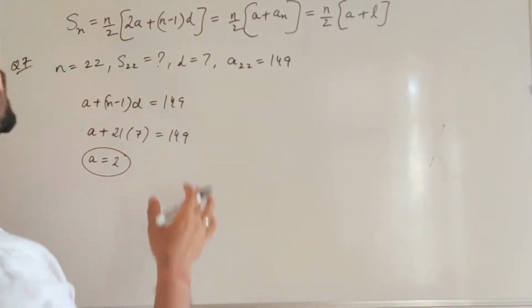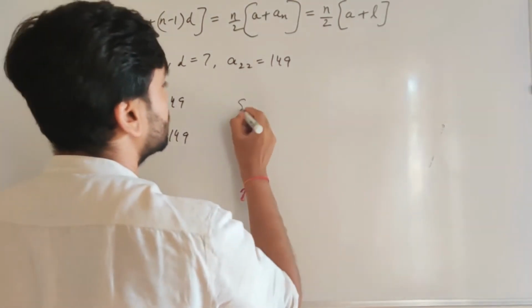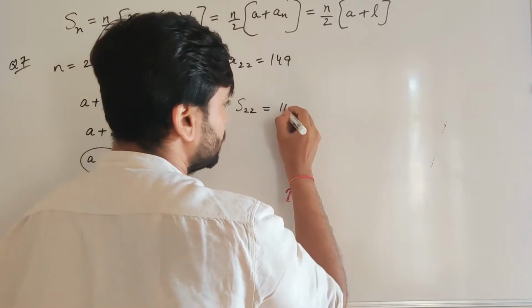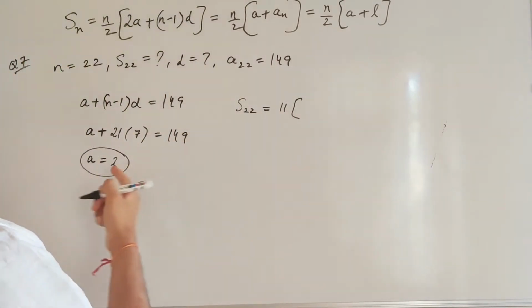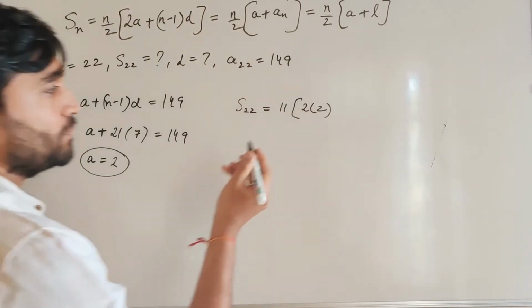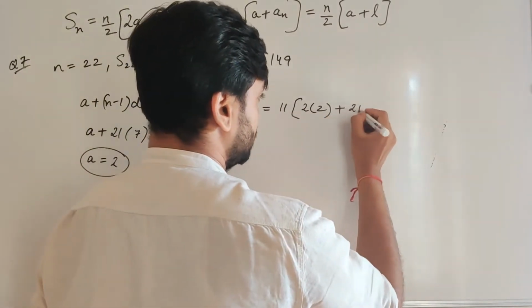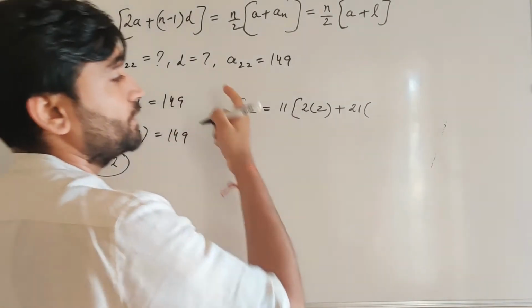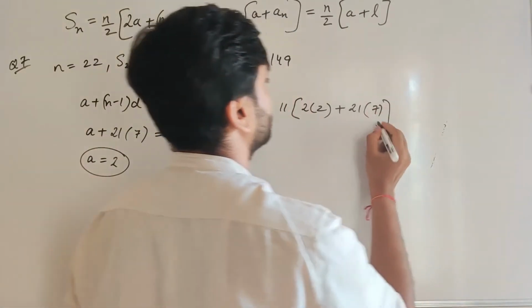Okay. They are asking S22. So S22 we can find using this formula n by 2. So 22 by 2 is 11. 2a, so 2 into a is 4 as well. 2a plus n minus 1, 22 minus 1 is 21, into common difference value, given in the question as 7. So let us simplify.